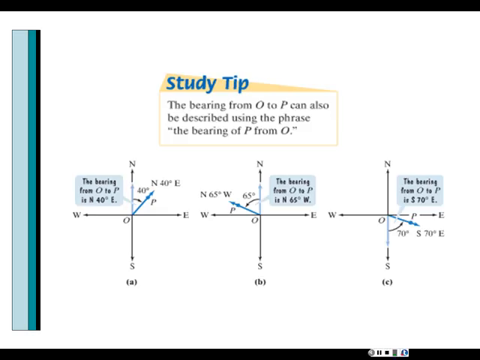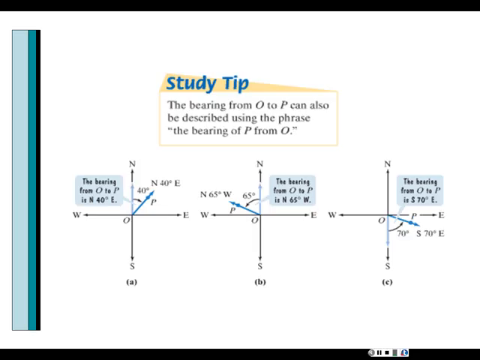They call it bearing from O to P. Here O is the origin and P is the point where you are at. For the bearing from O to P, you start from north and you create here a 40 degree angle. So it is called north 40 degree east, because you are going from north to east to create the angle. Look at this, this is your east and this is your north.